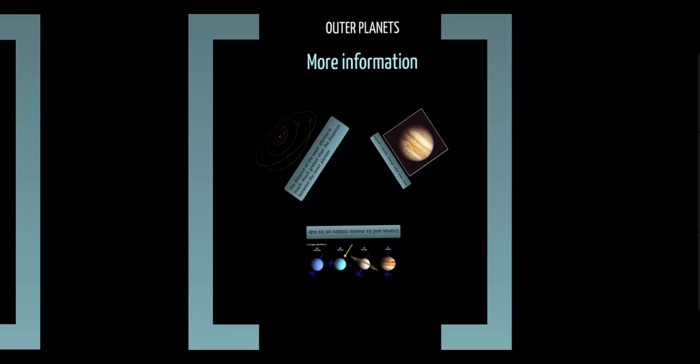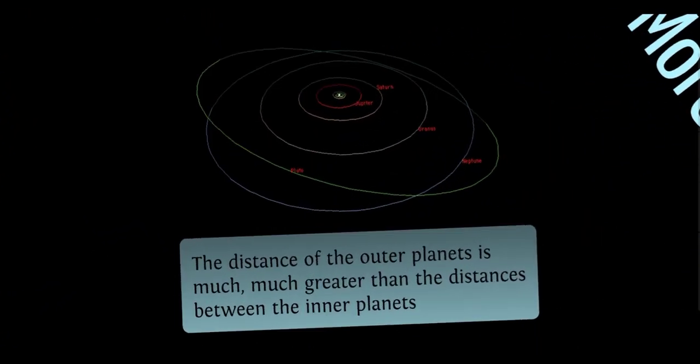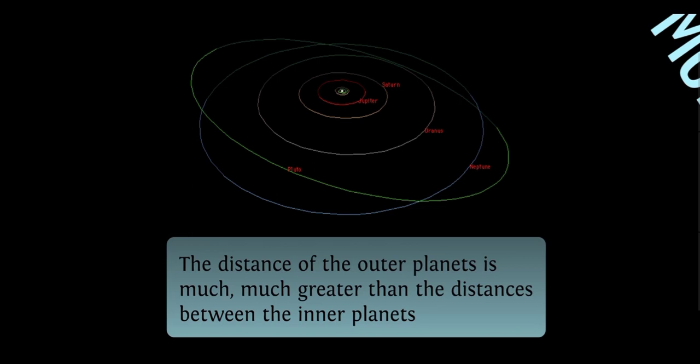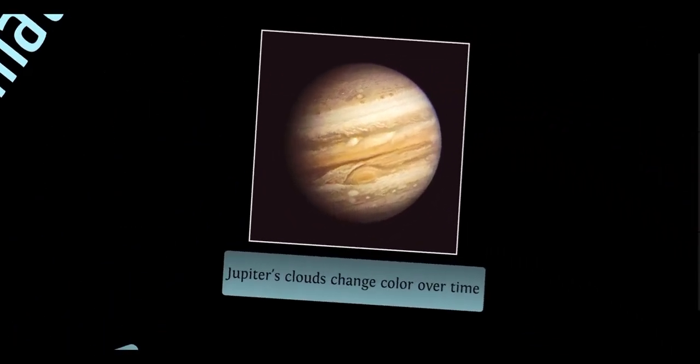In outer planets, the distance between planets is much greater than the distance between the inner planets. Compared to the inner planets, the outer planets have wide spacing, a big gap, while the inner planets are closer together.